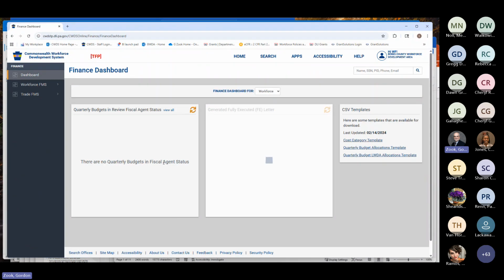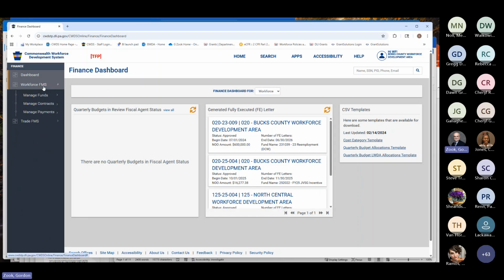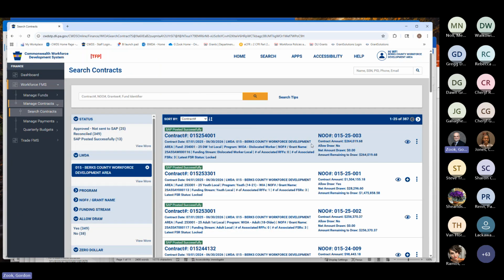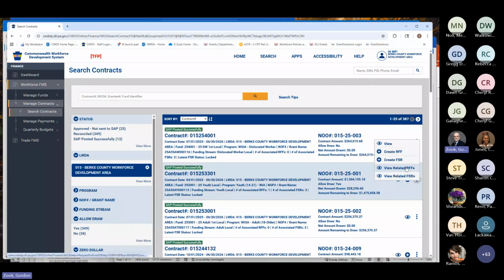You'll select finance, and you identify your contracts. Within the contract, when you want to create an FSR, you select the three ellipses over here and create an FSR.